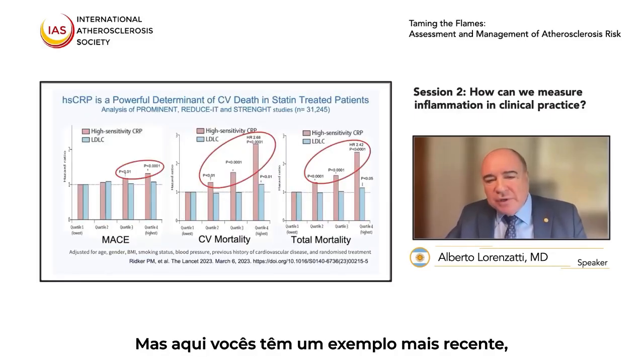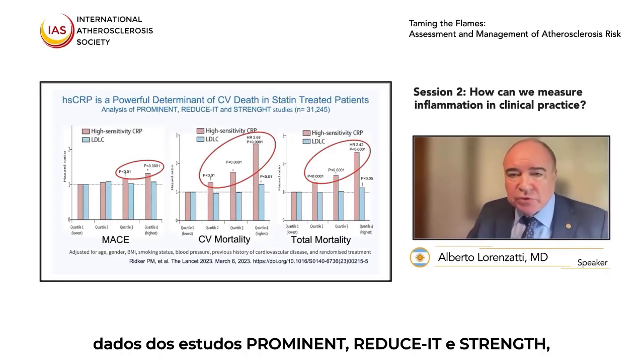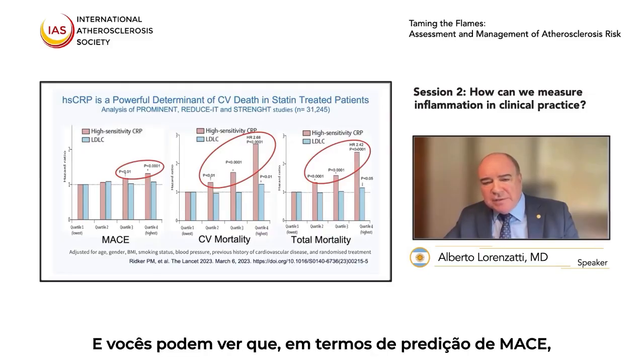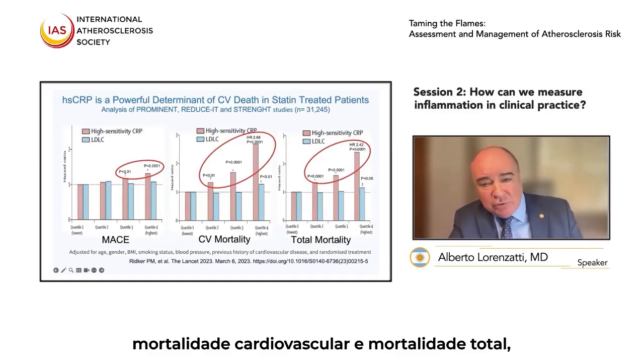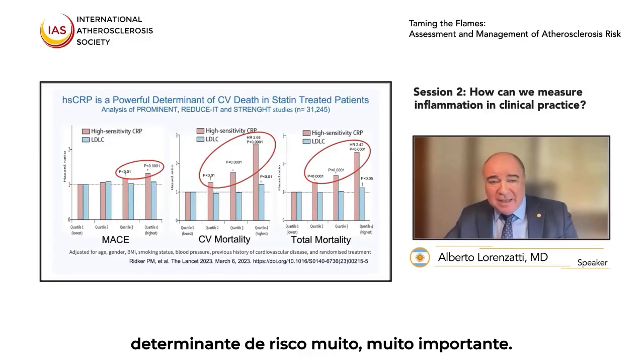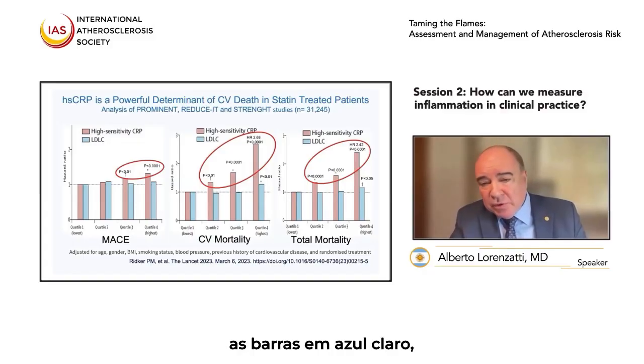But here you have a more recent, very good example. Paul Ridker gathered some data from the PROMINENT, REDUCE-IT and STRENGTH studies, more than 31,000 patients, and you can see in terms of the prediction of MACE, cardiovascular mortality, and total mortality, the baseline C-reactive protein level was a powerful determinant of risk, even when you compare with LDL, the bars in light blue.